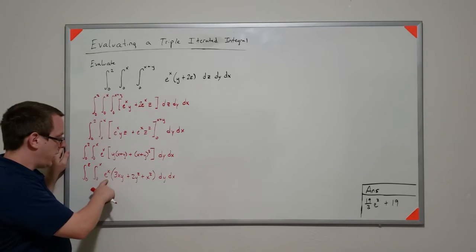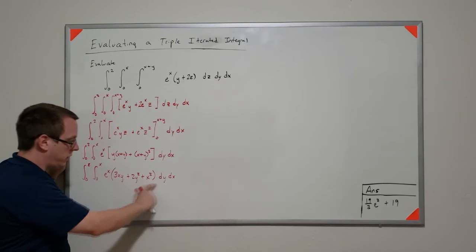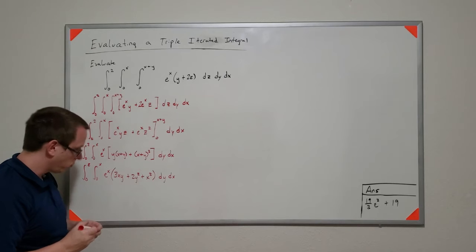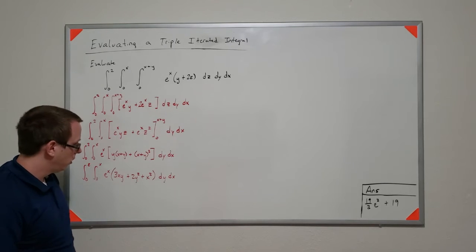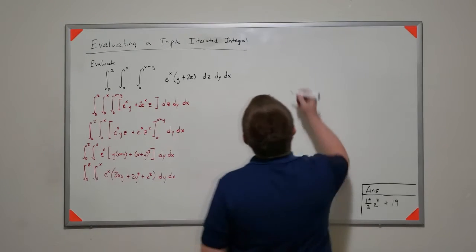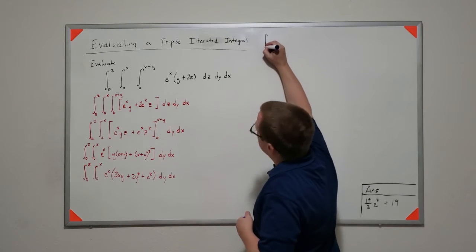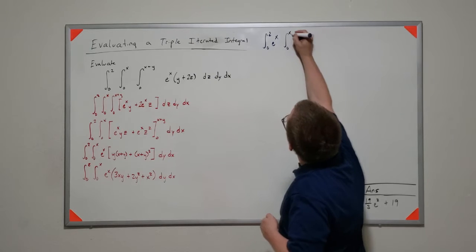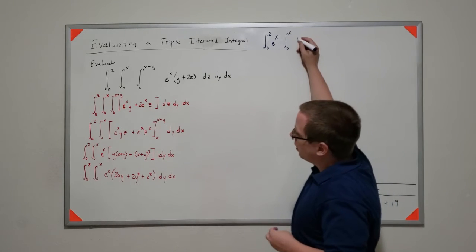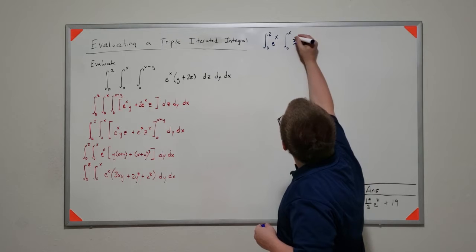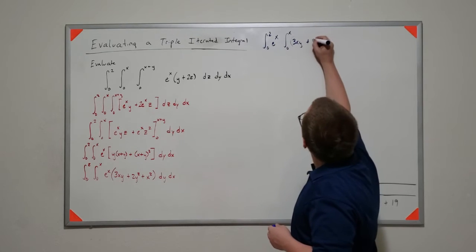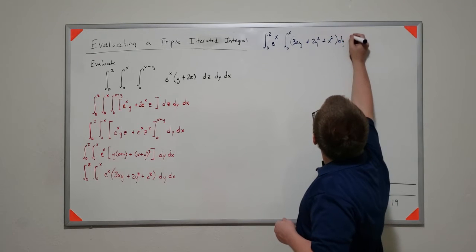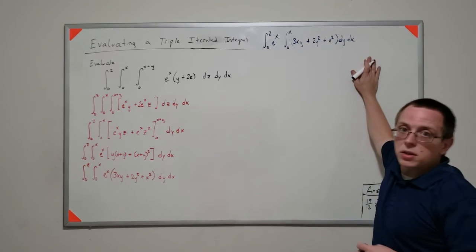Now, this e to the x is actually constant in this integral as well, so I can pull it out all the way here. So I get 0 to 2 e to the x times 0 to x of 3xy plus 2y squared plus x squared dy dx. Okay?